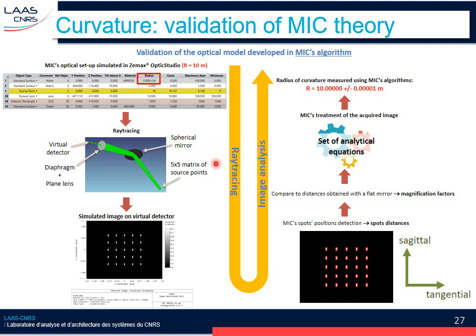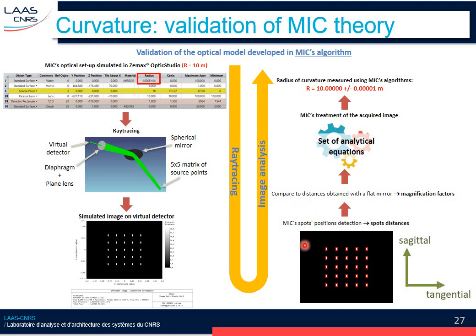It's a ray tracing software, so we can simulate images detected by this virtual detector, which you can see here, from which we can measure the position of the spots. So we can deduce the distance of the spots in both tangential and sagittal directions.